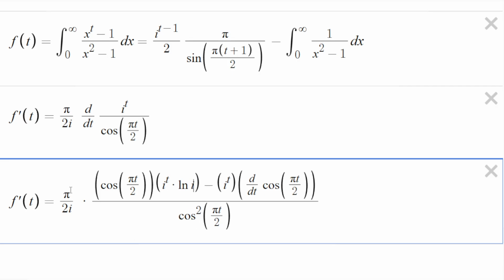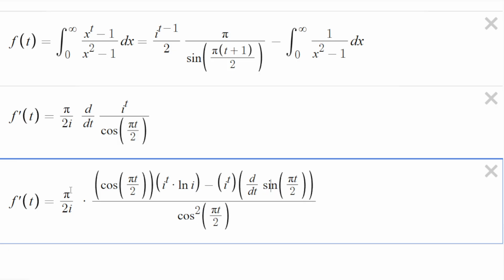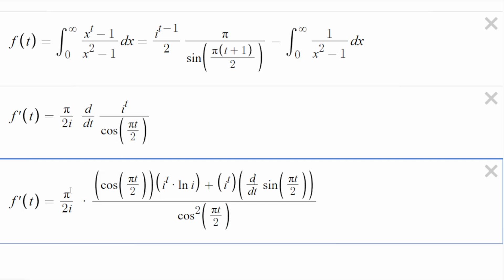All right, and then the derivative of cosine is negative sine. We'll use that negative, bring it all the way out, and then times d/dt of sine of, I'm sorry, pi t over 2, which is just times pi over 2. Okay.